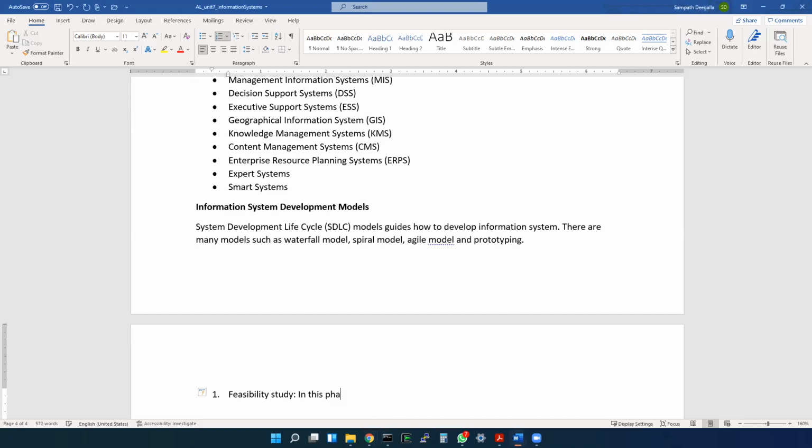So in this phase, the financial and technical feasibility of the system is determined.